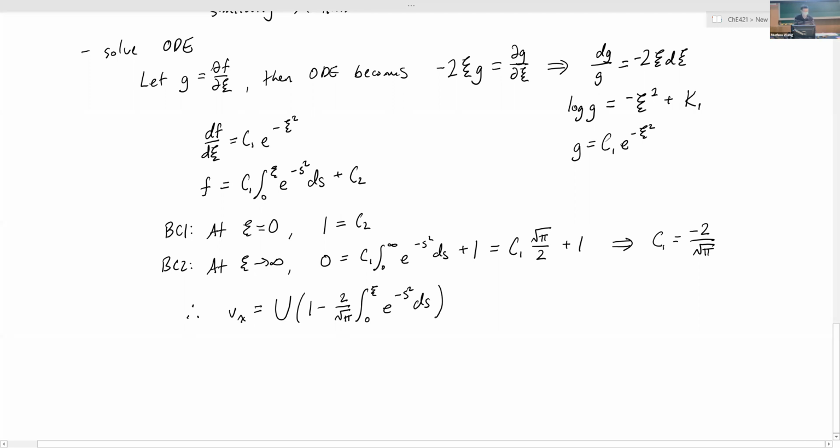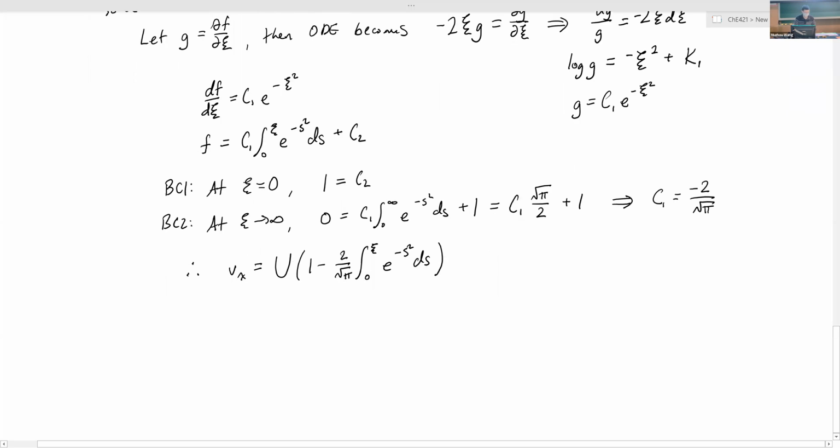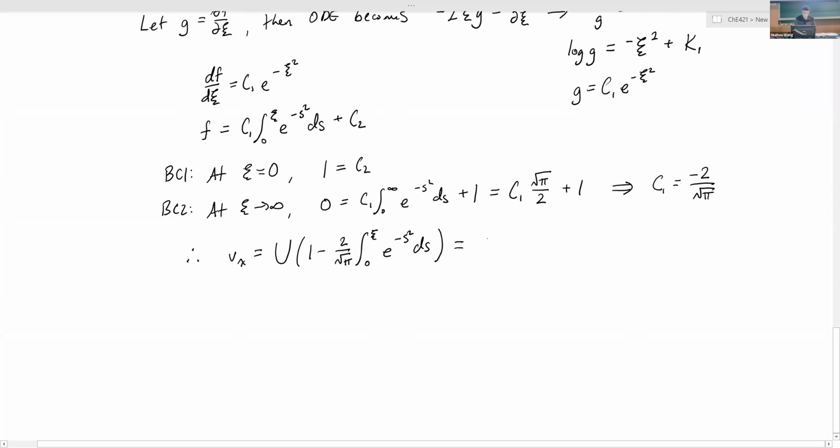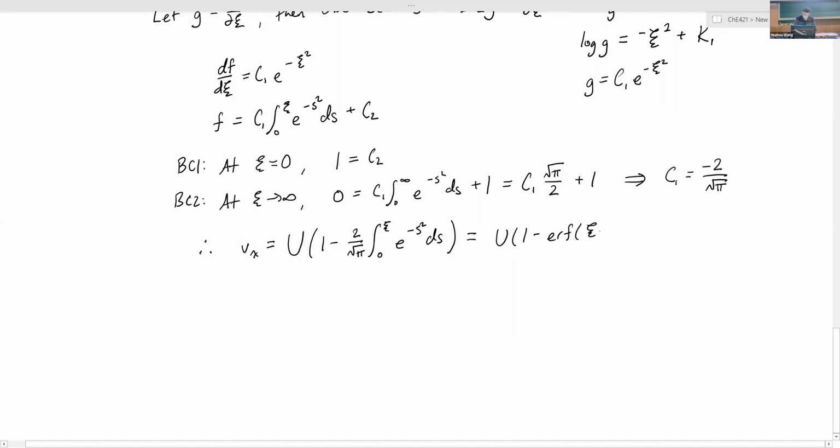And it turns out that this integral right here is something that's so commonly seen that it has a name. This integral is called the error function. I don't know what's going on with my pen today, sorry. It's called the error function.